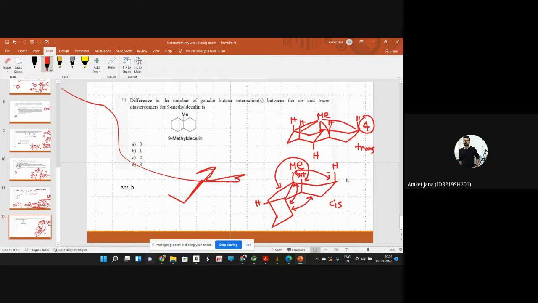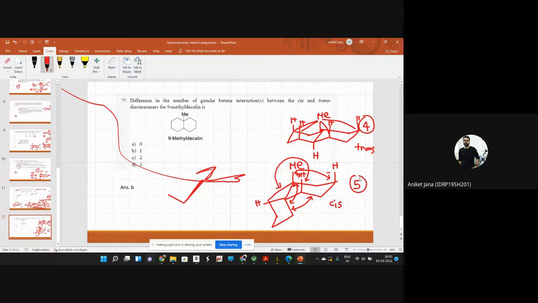Last time I also showed, in the case of the decalin system, how many interactions there were. There were 3, I think. The methyl was not there. So 3 were there in the case of the decalin system alone. But in the presence of the methyl group, there is an extra gauche butane interaction. So in total it is 5.